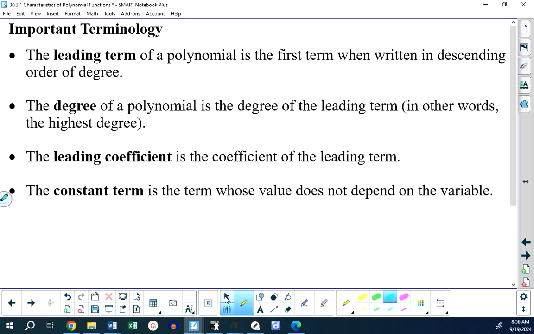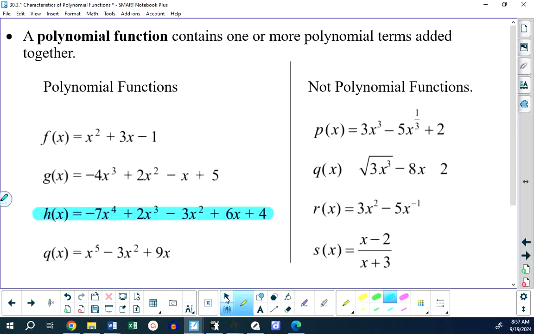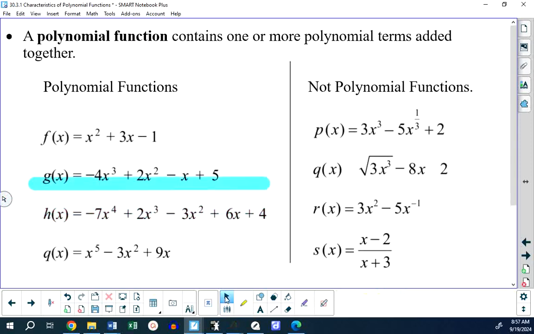And then we also want to always look at the constant term, which is the degree 0 term. That's the term whose value does not depend on the variable. So look at the word constant here in the context of some of these examples. I'm going to pick on g of x this time. Well, when I put in different values of x, this is the notion of a function, so you could graph it. You get ordered pairs.